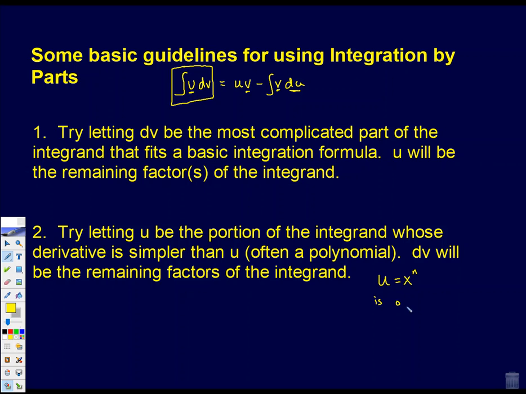I'm just going to write u equals x to the n is often a good choice. There's a couple exceptions to this rule, but it's pretty common that if I have a power function like x squared multiplying something else, there's a pretty good chance I'm going to pick x squared or x cubed as the u, because its derivative gets 1 degree smaller.